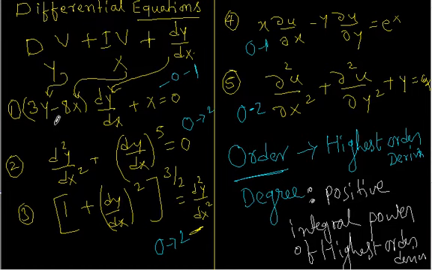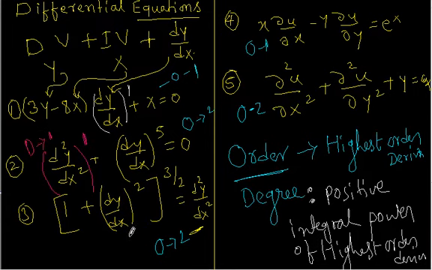Here in the first example, the degree is 1, because the highest order derivative is dy by dx and its power is 1. Let me change the color so you can easily understand. And in the second equation, the highest order derivative is of order 2 and its power is 1. So for this, the degree is 1.